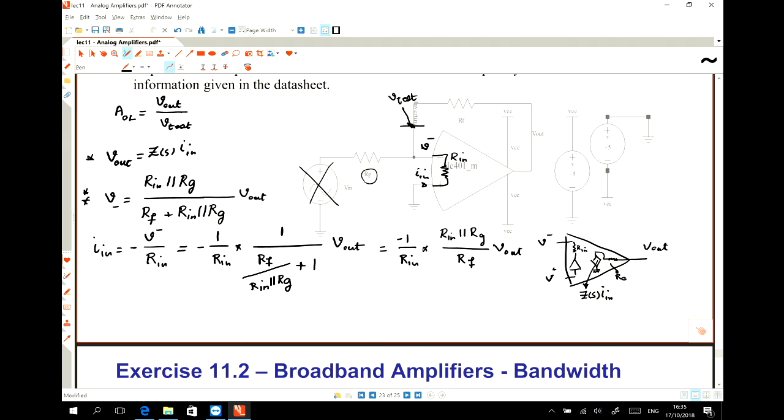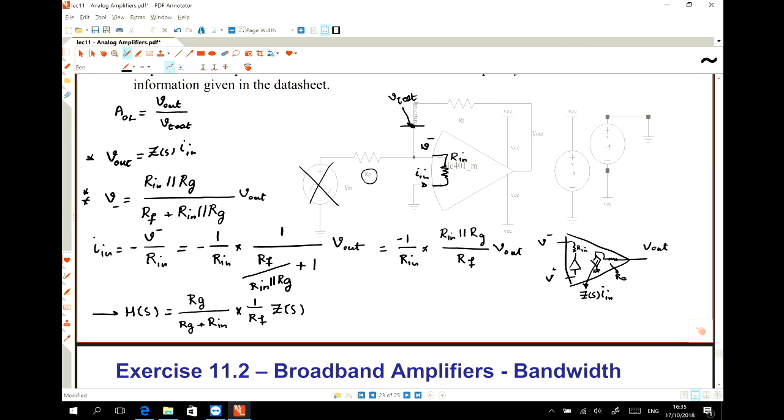And then from here I can say that the HS equals RG divided by RG plus R in, times 1 over RF, times ZS.